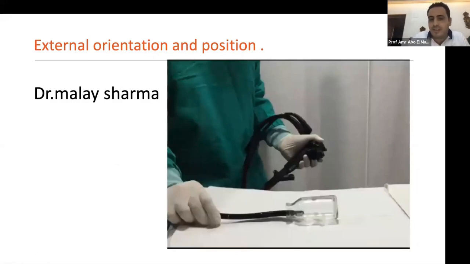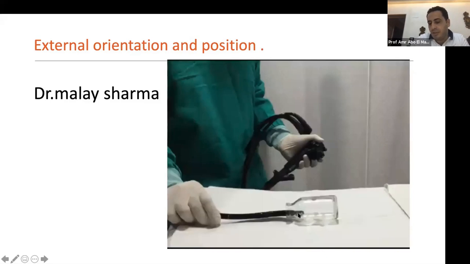What is the meaning of external orientation? This is the echo endoscope. Consider this bottle as a patient. This is the head, and this is the leg, and he is in left lateral position. So this echo endoscope is facing anterior to the patient.